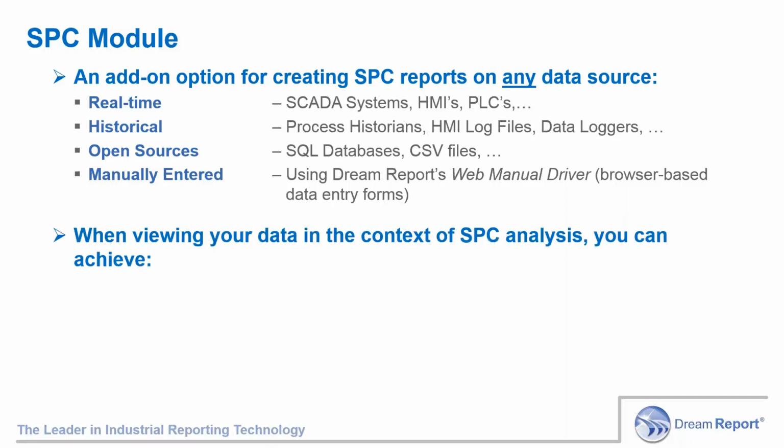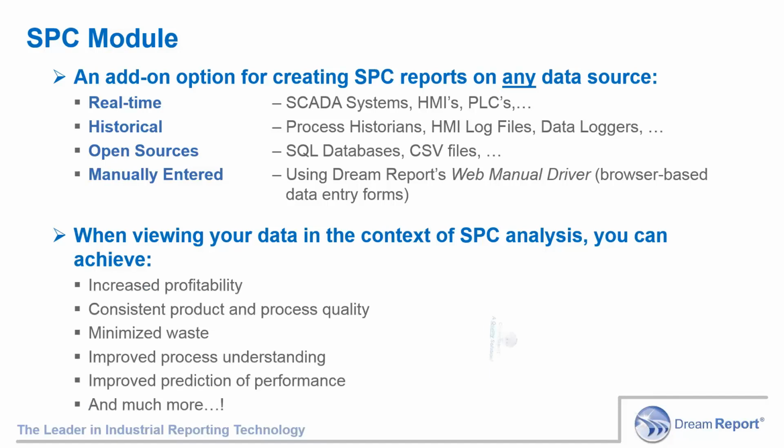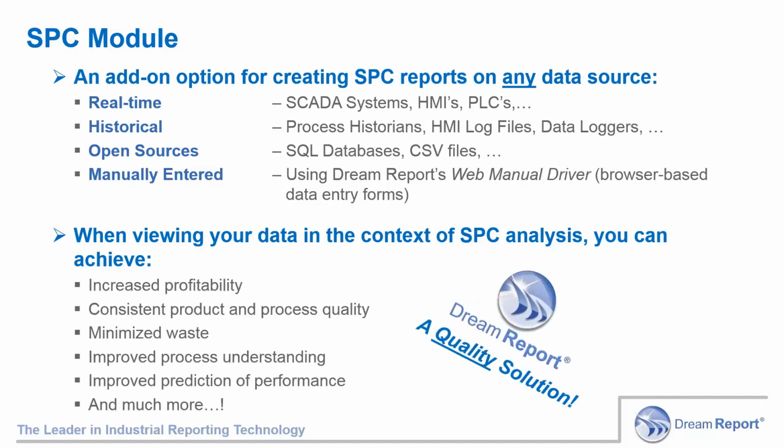We're also used to looking at our process data in the context of time-based charts, trends and tables. But when you look at this data statistically, as opposed to looking at all the raw data, you can really achieve gains in terms of increased profitability, process quality, and consistency. That's really the name of the game here: consistency in making a product, how you make the product, and the quality of the product itself.